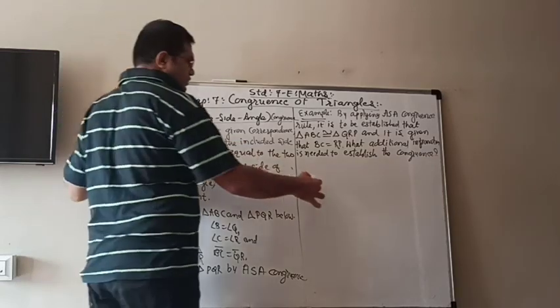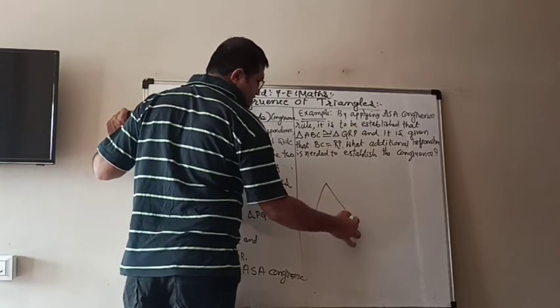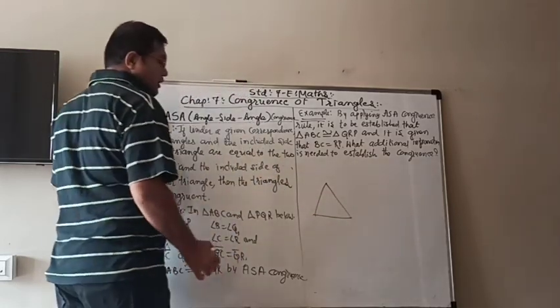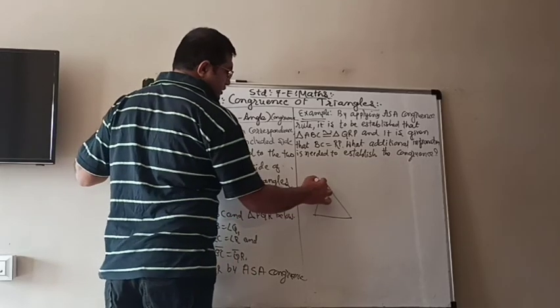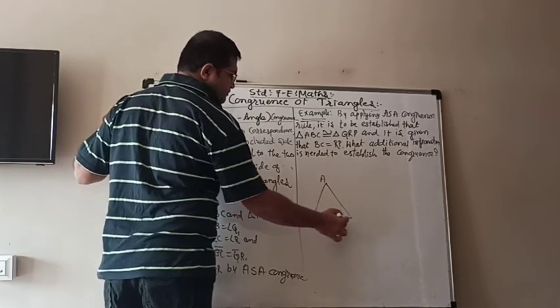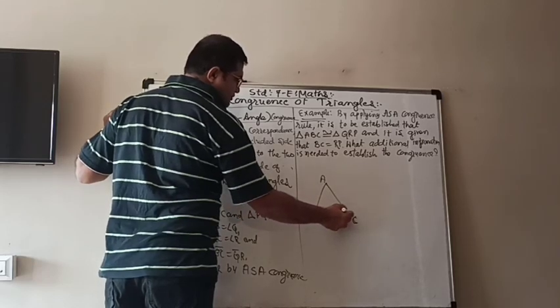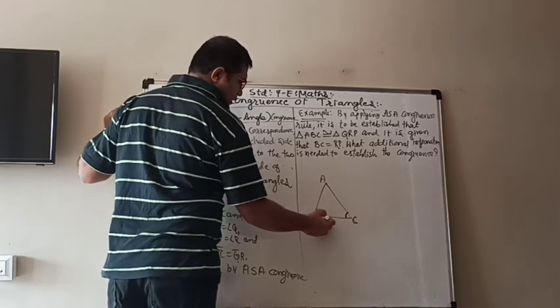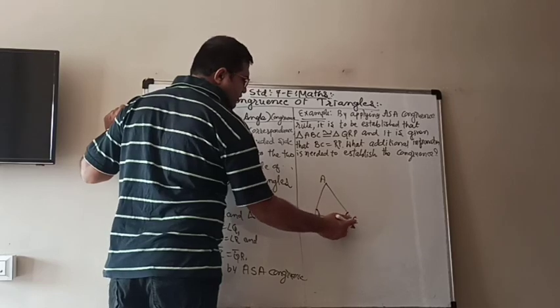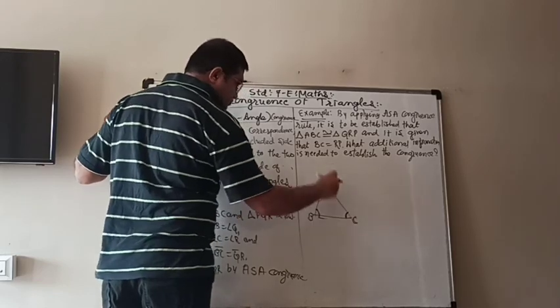Let us understand what an included side is. Here in triangle ABC, if you consider those two angles, then this side is included between them.